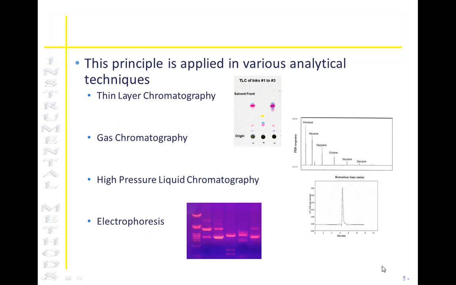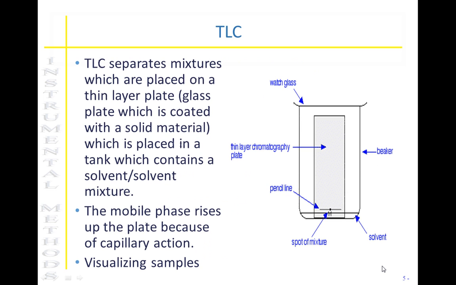This principle can be applied to the various chromatography methods that are utilized in a laboratory: either thin layer chromatography, gas chromatography, high pressure liquid chromatography, or electrophoresis. With thin layer chromatography, the separation is done through a stationary phase that is a thin layer plate that has been coated with usually a silica type material.